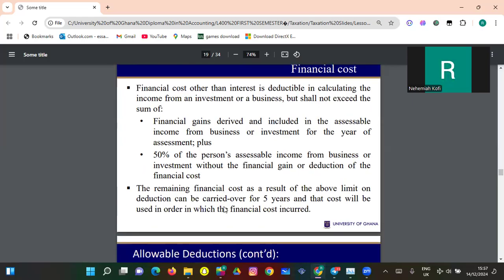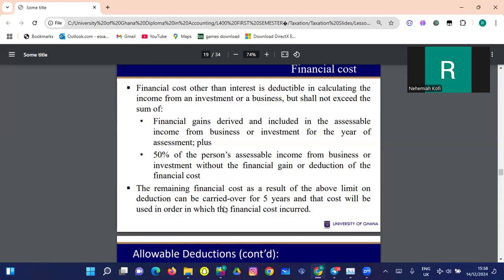So the remaining financial cost as a result of the above limits on deduction can be carried over for 5 years, and that cost will be used in the order in which it was incurred. So it is more or less like the FIFO method. So the ones that were made first will be deducted first before the next one comes in, right?